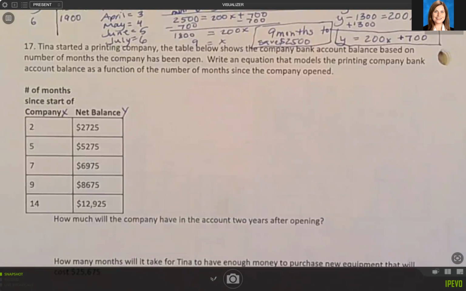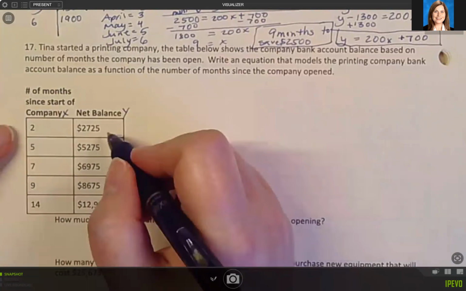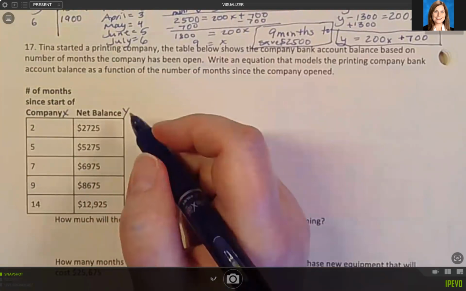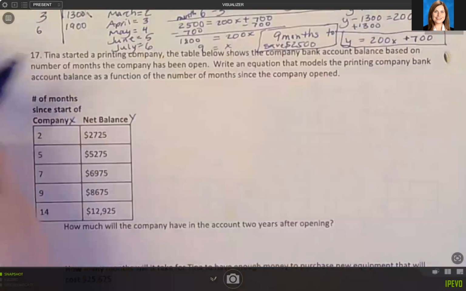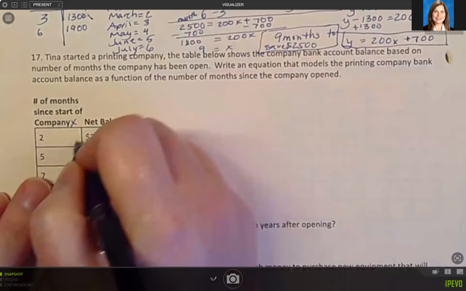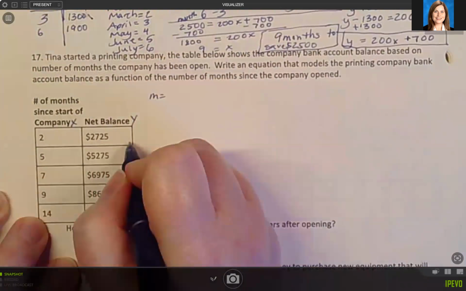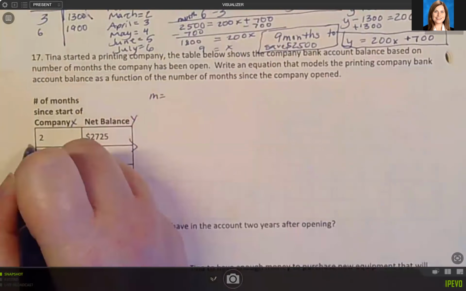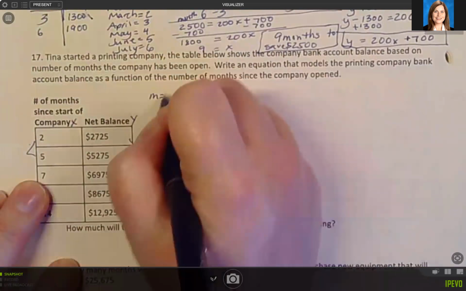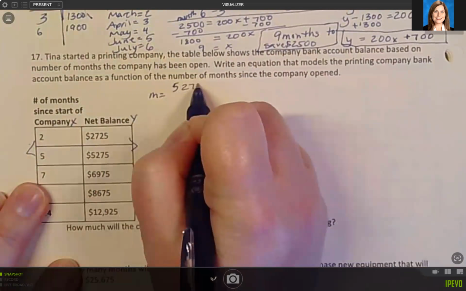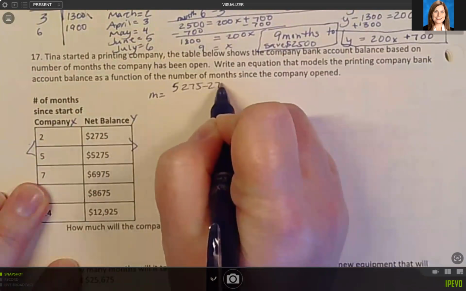First of all, let's choose these two values and grab my calculator to calculate our slope. Our slope is the change in y over the change in x. I'm just going to choose these two values right here. Change in y: 5,275 minus 2,725.